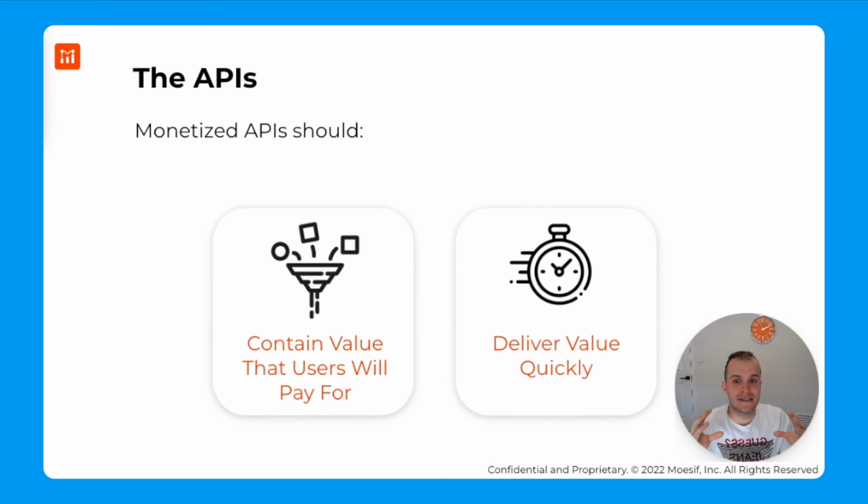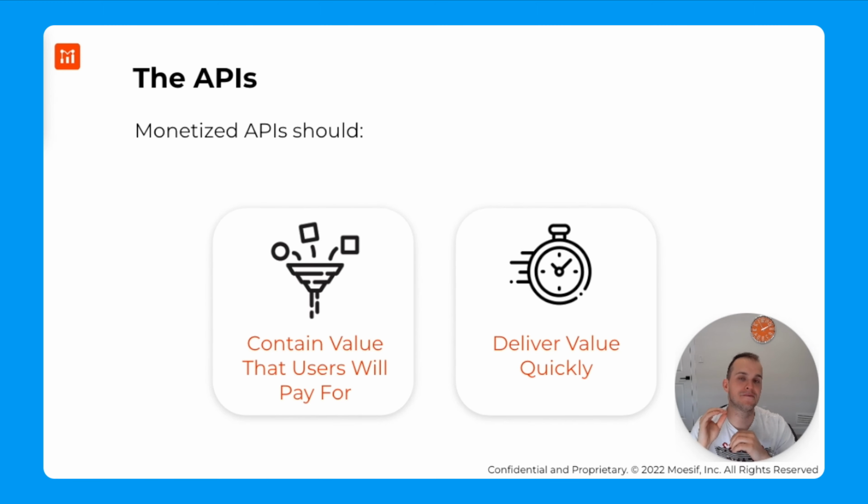Now let's break down each of these components into their little subsections. For the APIs, monetized APIs should contain value that users will pay for. Probably if you're watching this, you have an API that you've created that you think someone will pay for and you'd like to start making money off that. Or maybe you have folks that are already using that API that you want to charge for access, or maybe for premium access.